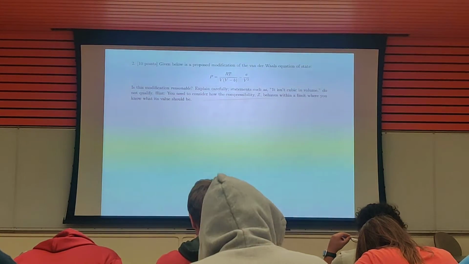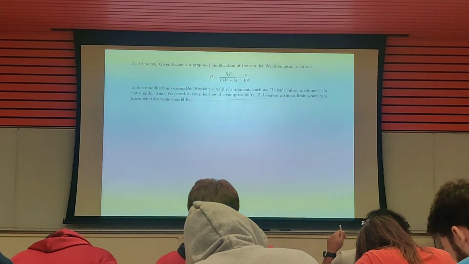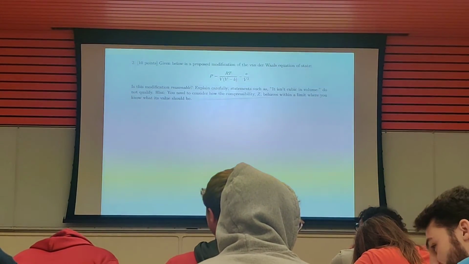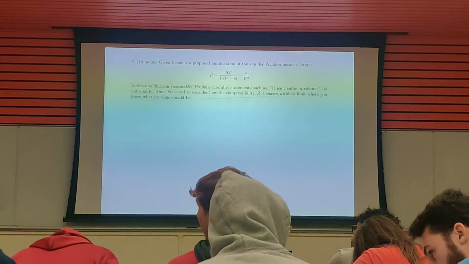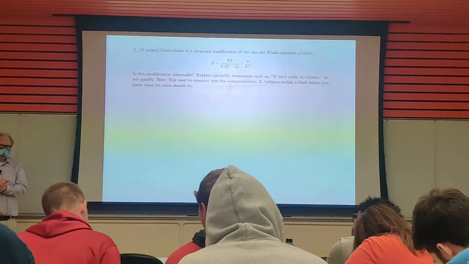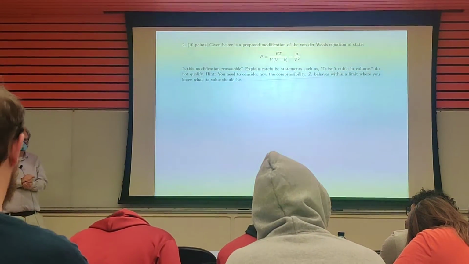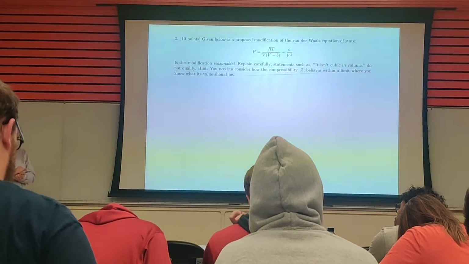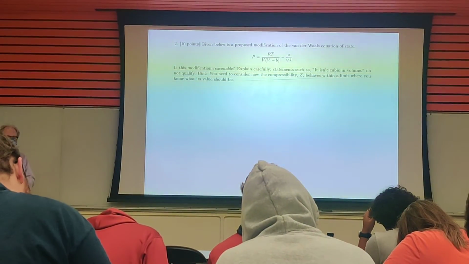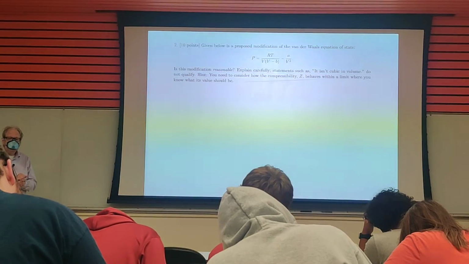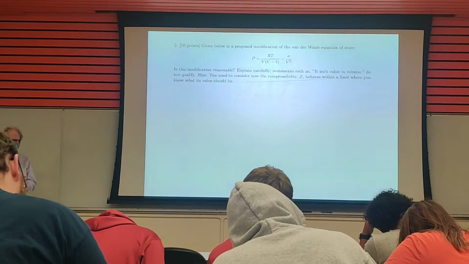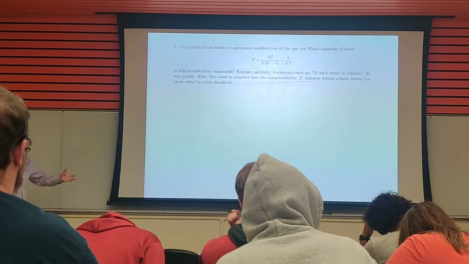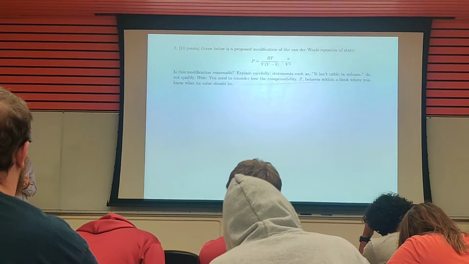Okay, but let me give you the answer and tell me if it makes sense. Do molecules interact with one another when you have an ideal gas? No, right? And what would you need for the molecules to not interact with one another? If you make the volume really, really small, will the molecules interact?